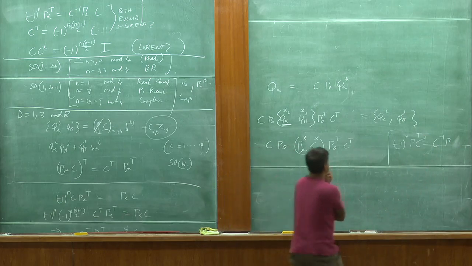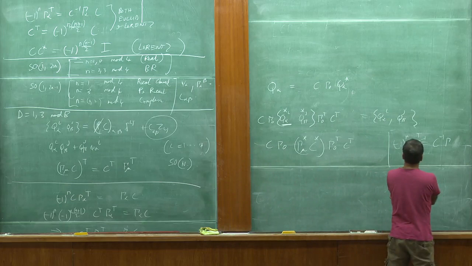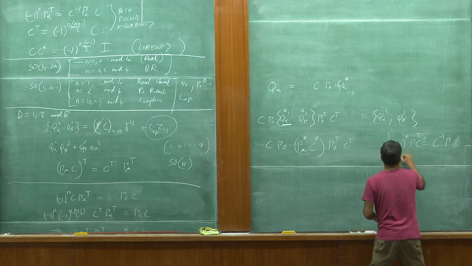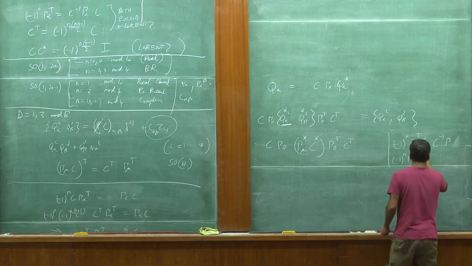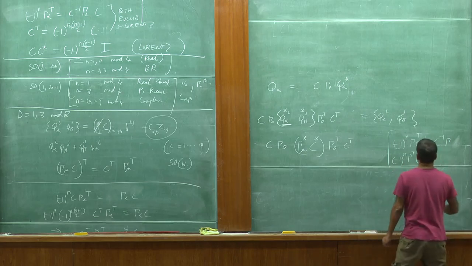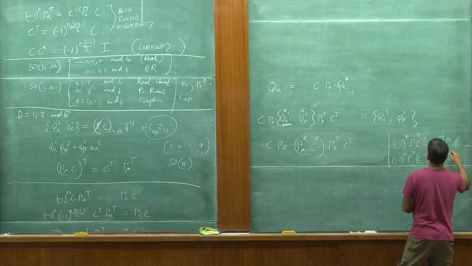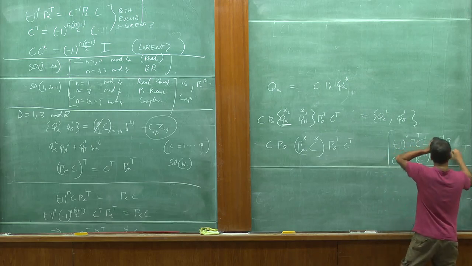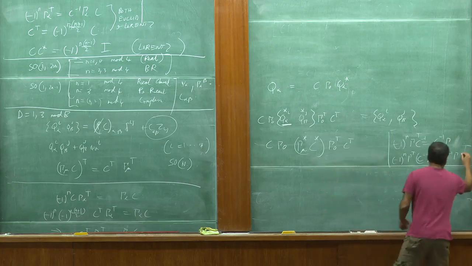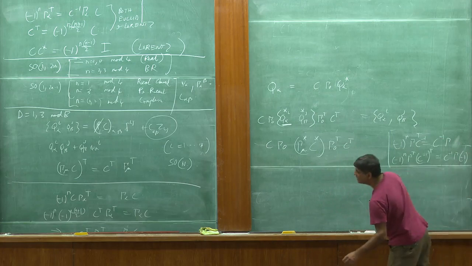Okay, let's do that. Taking now C and C inverse, first I'm going to make this minus 1 to the power n gamma transpose times C inverse transpose equal to C inverse gamma times that factor, which was minus 1 to the power n into n plus 1 by 2.